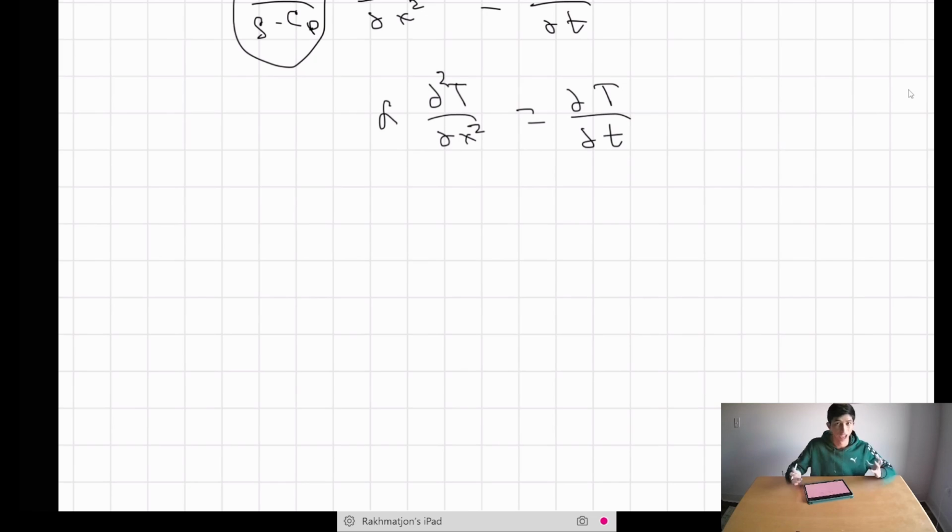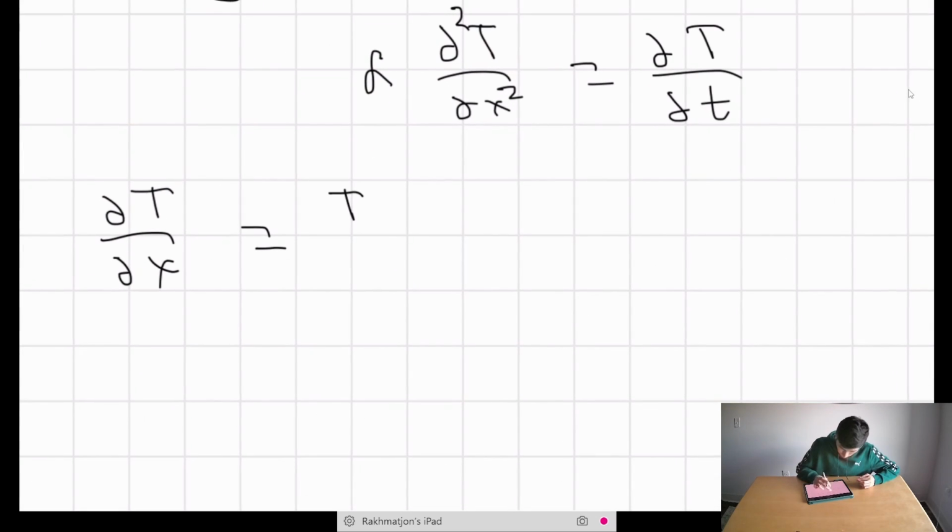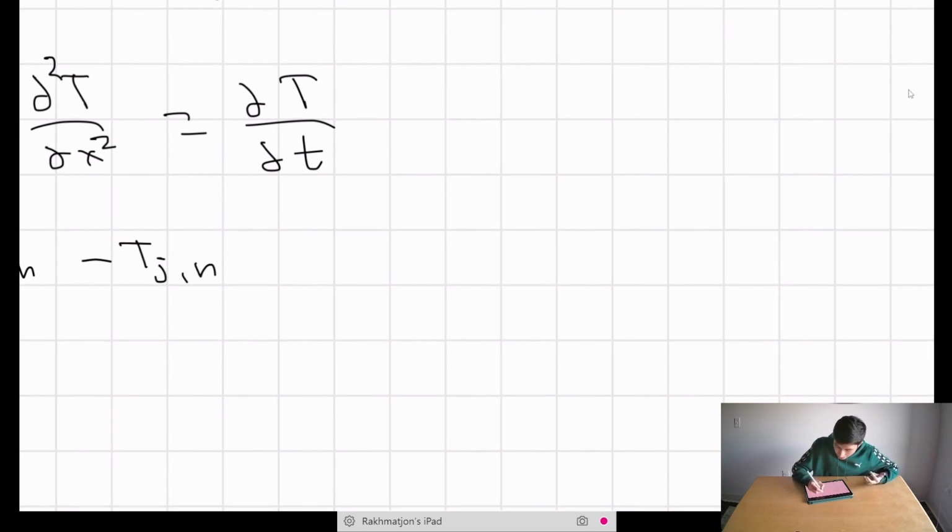And let's say the rate of change of temperature between two parts is going to be: the first derivative of temperature with respect to x is going to be the temperature at j plus 1 at n minus the temperature at j at n. So let's say our total time is going to be n times delta t. Okay?